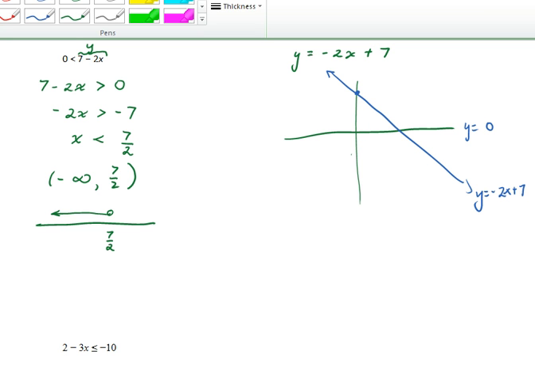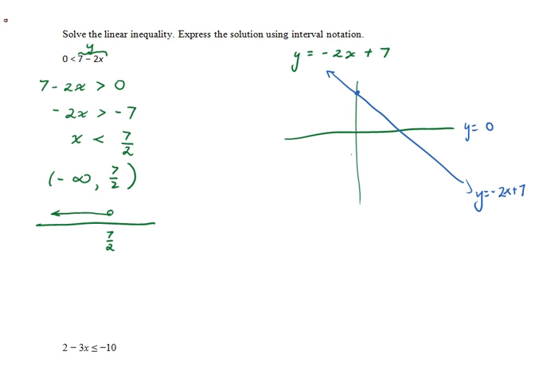So we're looking for the values of x where y equals negative 2x plus 7 is above 0. And so that would be all the points to the left of where the two functions intersect.